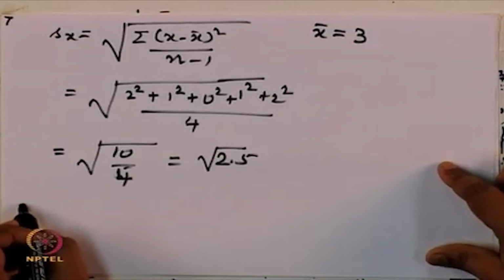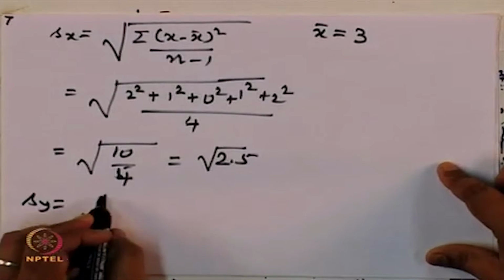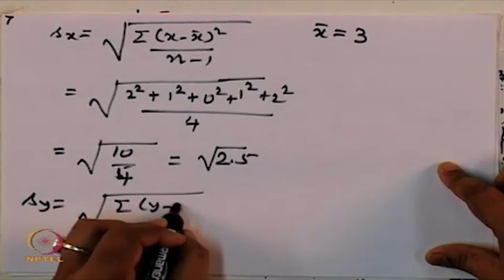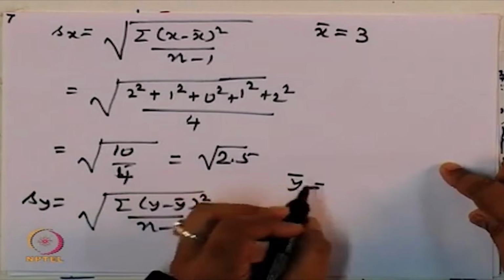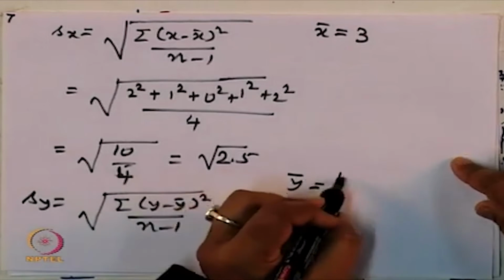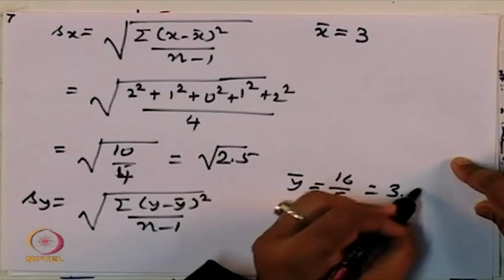Okay. I can calculate the value of s y is equal to root of summation of y minus y bar whole square by n minus 1, where y bar is equal to 5 plus 2, 16 by 5, equal to 3.2.